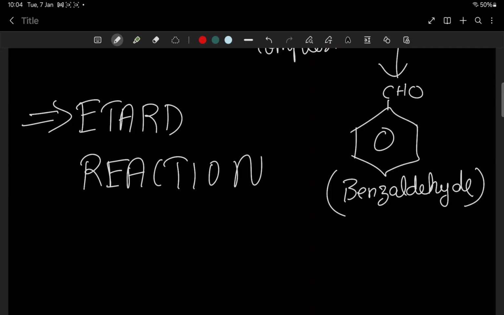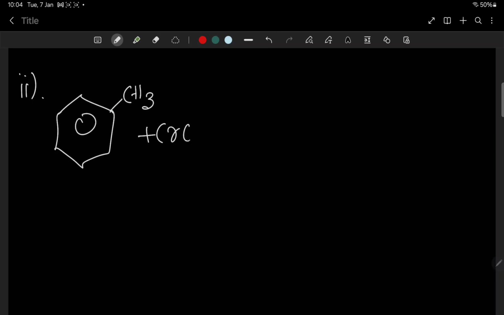Now next one, the second one. I'll just tell this reaction fast because this is never asked in the examination. Not that important. They may ask, don't skip it, but don't learn it very thoroughly.